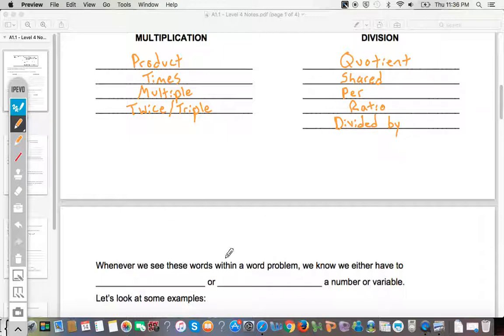So whenever we see these words within a word problem, we know we either have to multiply or divide. And of course that depends on the word. If we see the word product, we don't have to use division. We'll always use multiplication. That's just one example. Okay, pause the video if you need more time.